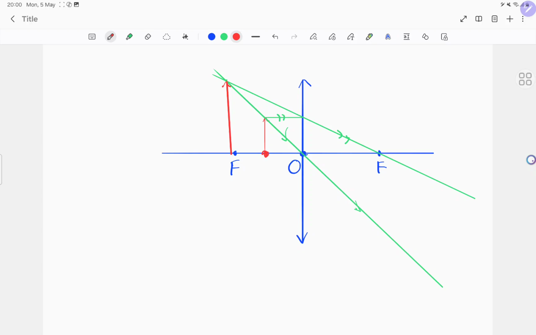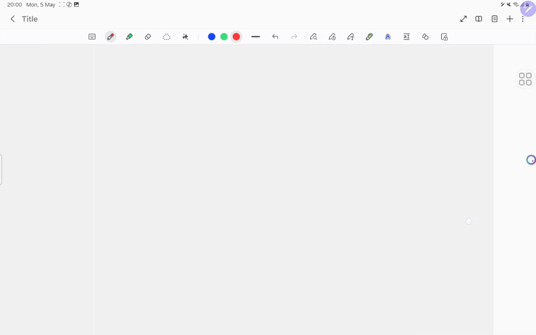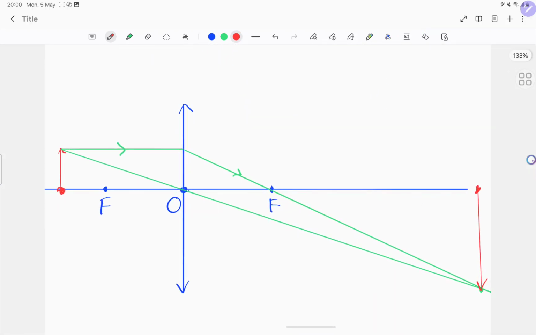My bad. Sorry. This image, you call it the real image, not the virtual one. This one is called real image because it can be projected on the screen.